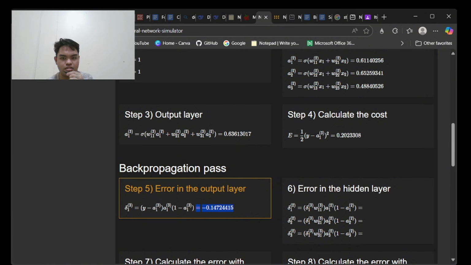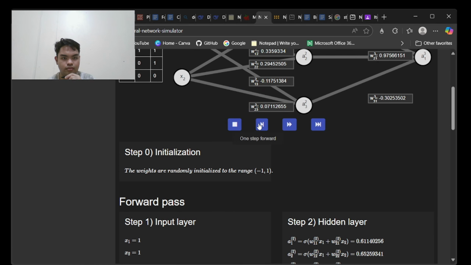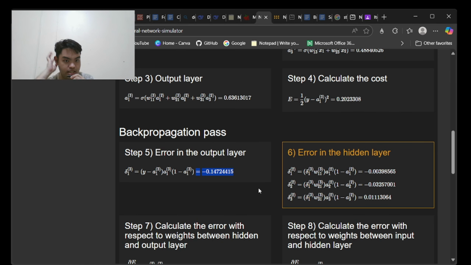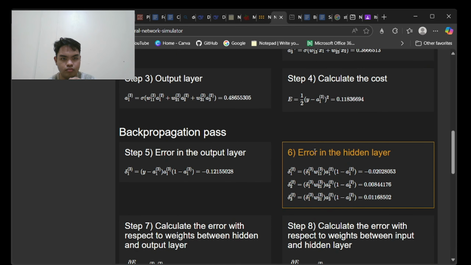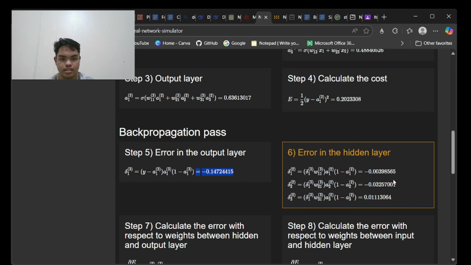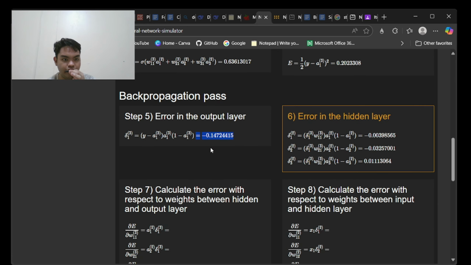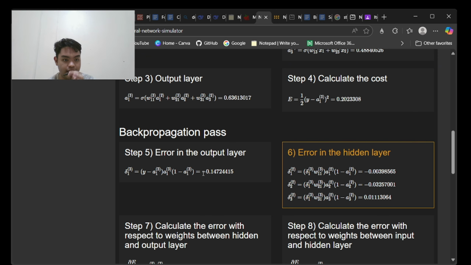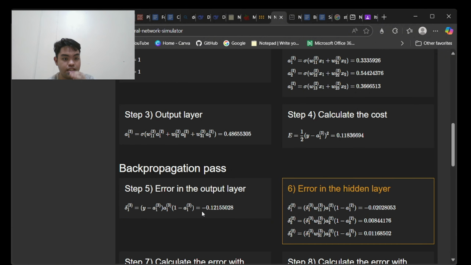That is our step 6, backpropagation. Comparing iteration 1 and iteration 100, it's quite different. The error in output layer 1 is negative 0.147, but in iteration 100 it's 0.112.